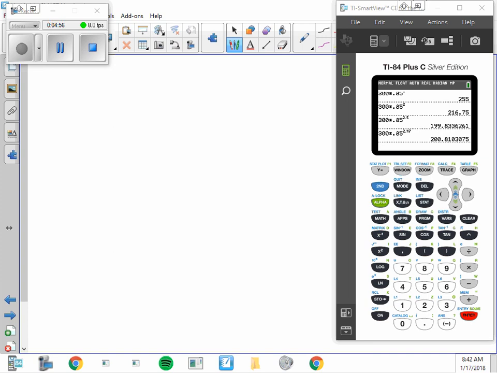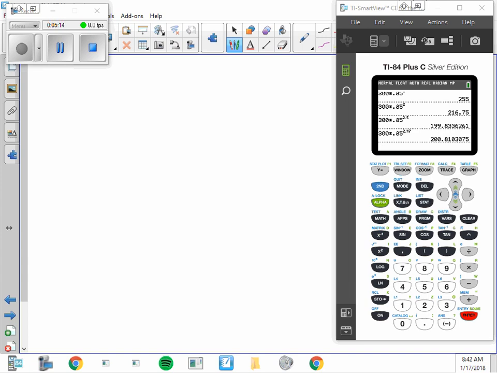Okay. So the solution: let B represent the boy, and G1, G2, and G3 represent the girls. Use a table to list the outcomes in the sample space.